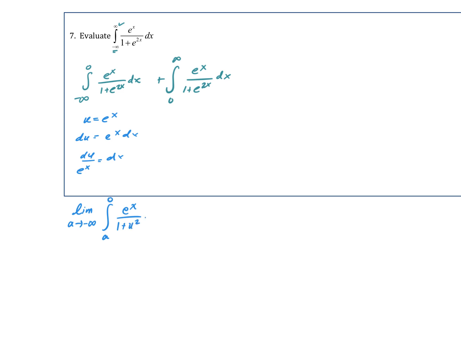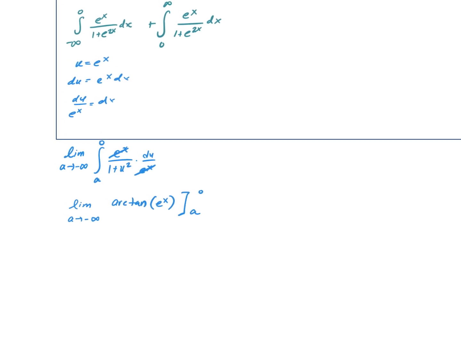And then for dx, it's du over e to the x, cancel, cancel. So this becomes arctan. So I've got the limit as a goes to negative infinity, arctan of x, x is e to the x, and I'm going to go from a to 0.